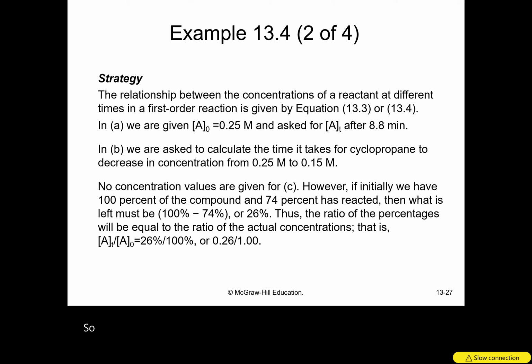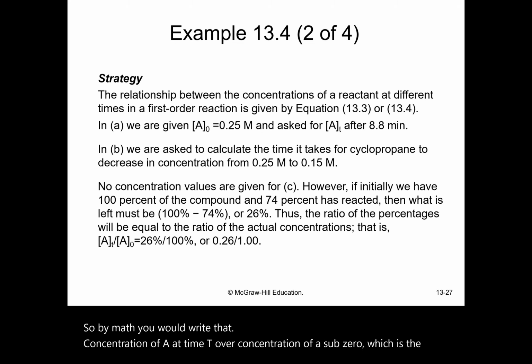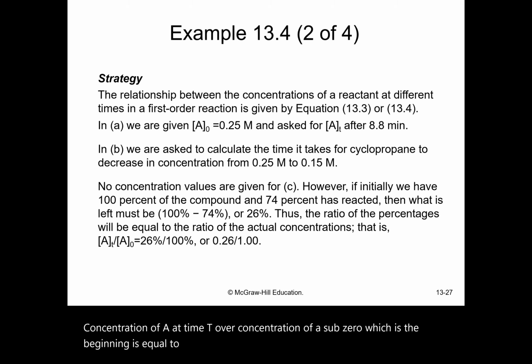So by math, you would write that the concentration of A at time t over the concentration of A sub 0, which is the beginning, is equal to 26 over 100.